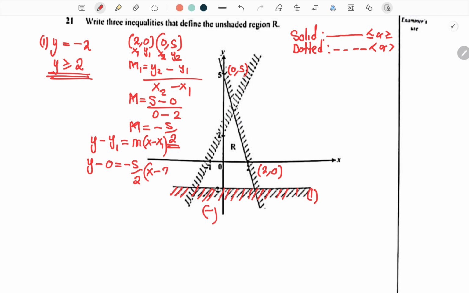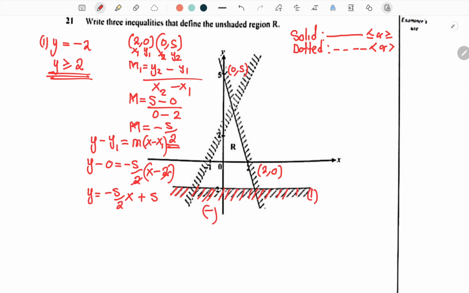Our x1 is 2. So from here, this is going to be y is equal to -5 over 2 x plus, this 2 and that one will cancel. So this is going to be +5.